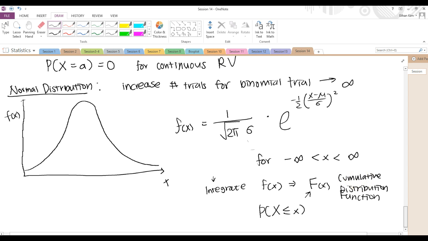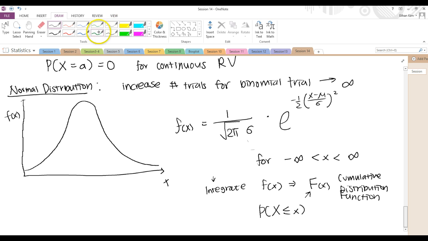So this is why we use this funky formula, or function, to integrate to get the cumulative distribution function. But we're never going to do that because we have other tools like Excel and charts that help us approximate these values. Yes, we're never going to have the exact value, but we will get pretty close with this approximation.